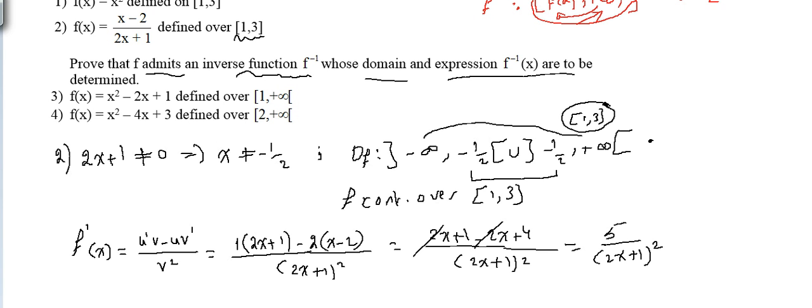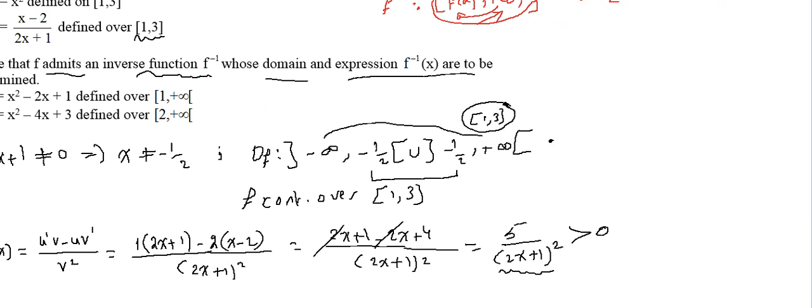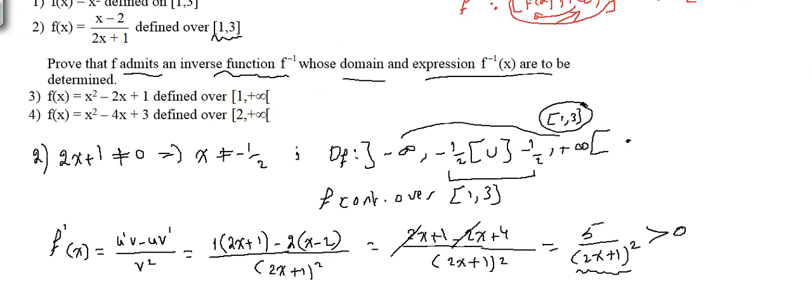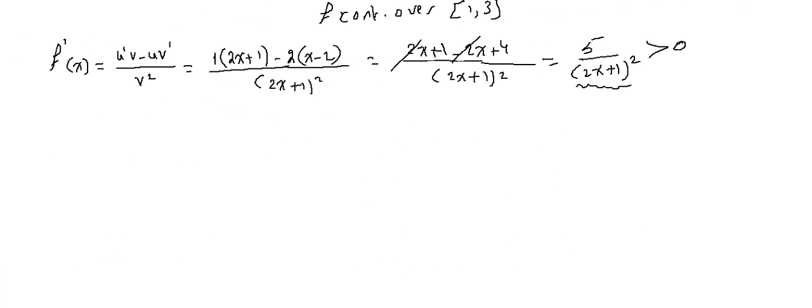It's strictly positive, because the denominator is strictly positive since x does not equal minus half, and it's a square. 5 is positive too, so the derivative is strictly positive. This means the function f is strictly increasing.